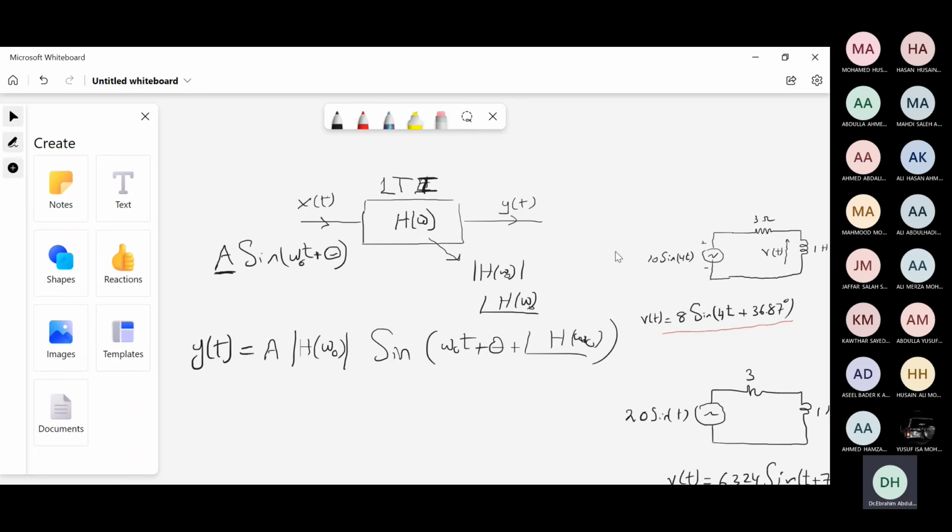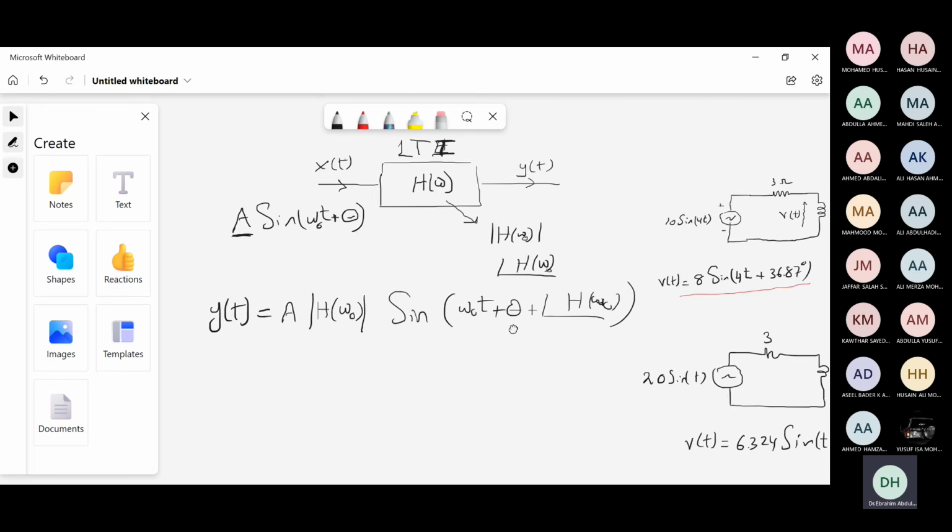If it is linear time invariant and we have a sinusoidal input, then the output will be sinusoidal, and it is very easy to find the output if we know h of omega. So directly we can find the output.